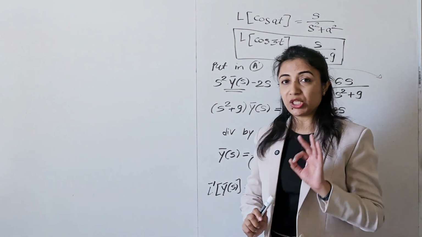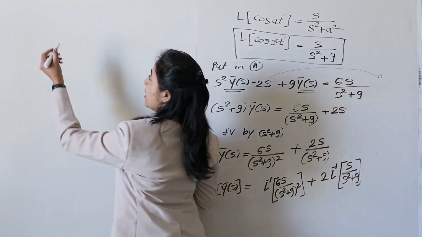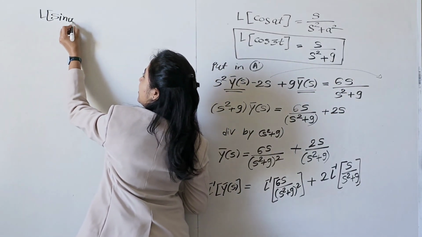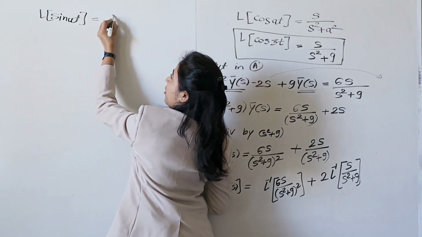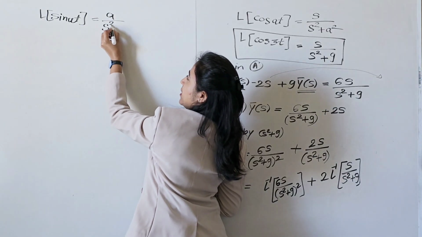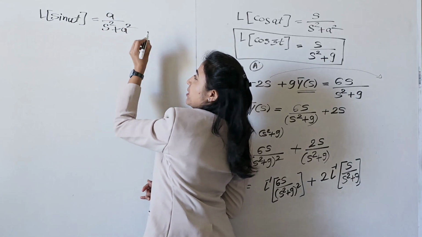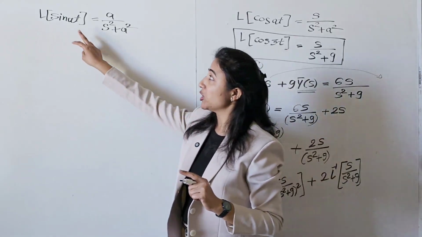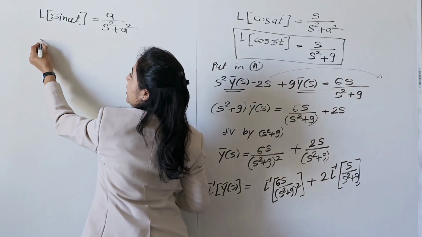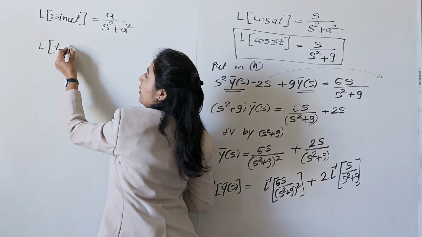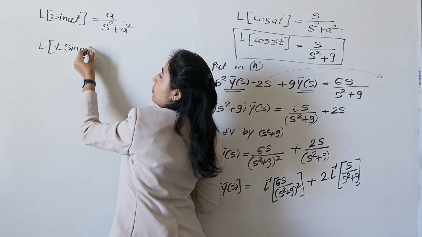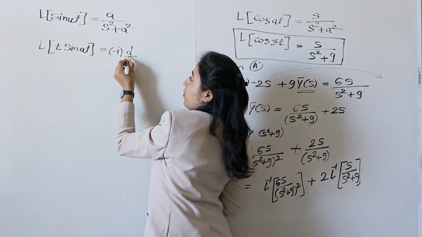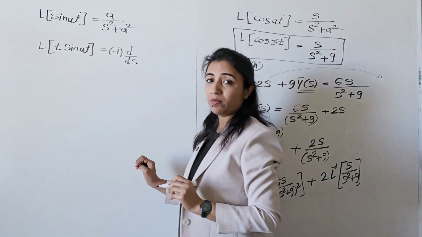We know the Laplace transformation of sin at is a upon s square plus a square. And what is the property of multiplication by t? When we multiply a function by t, the property is minus 1 d by ds of the Laplace transformation of the function.